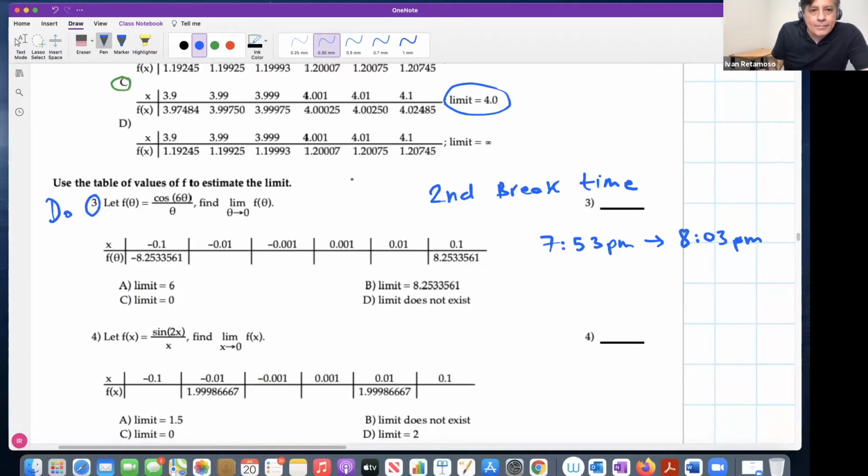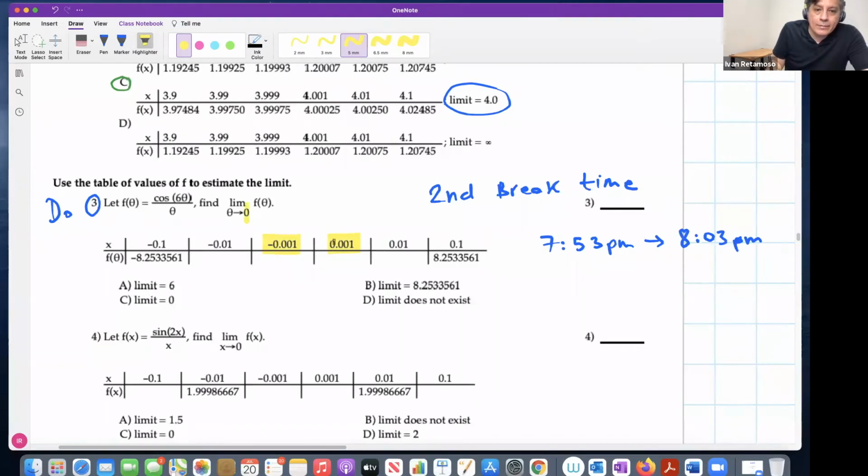To these guys, hint, they are asking you to compute the limit of this function, cosine of 6 theta over theta, as theta approaches 0, right? And hint, focus on values that are really, really close to 0, these two. 0 is in between.